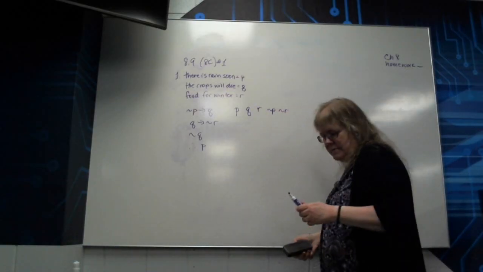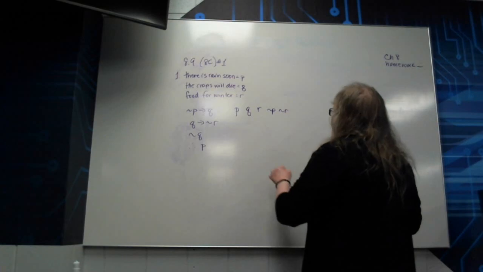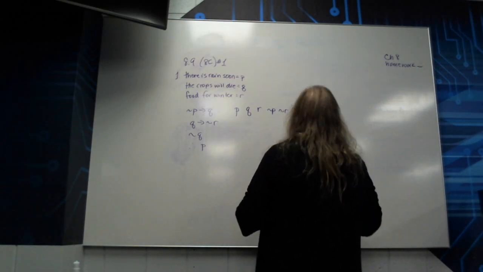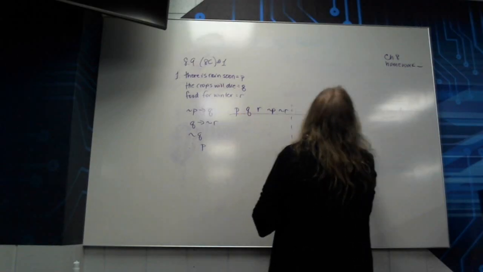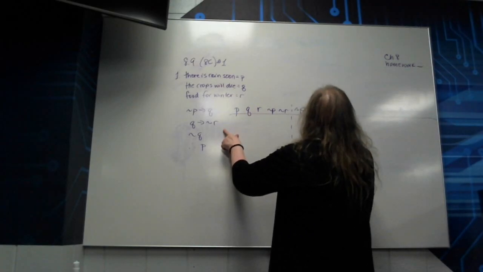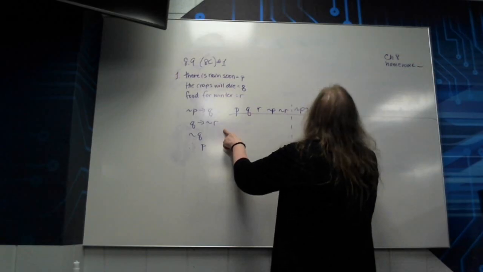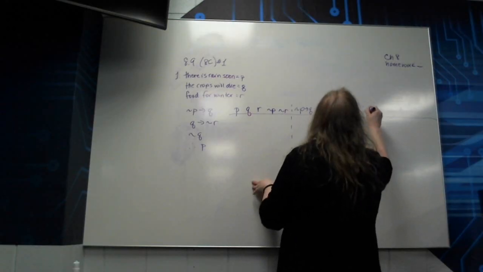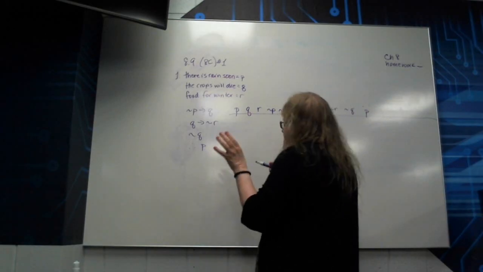Okay, so that's my guide. And the rest of it is my argument, right? So not P, then Q. Q, then not R. Not Q, therefore P. Okay, that's my top line.